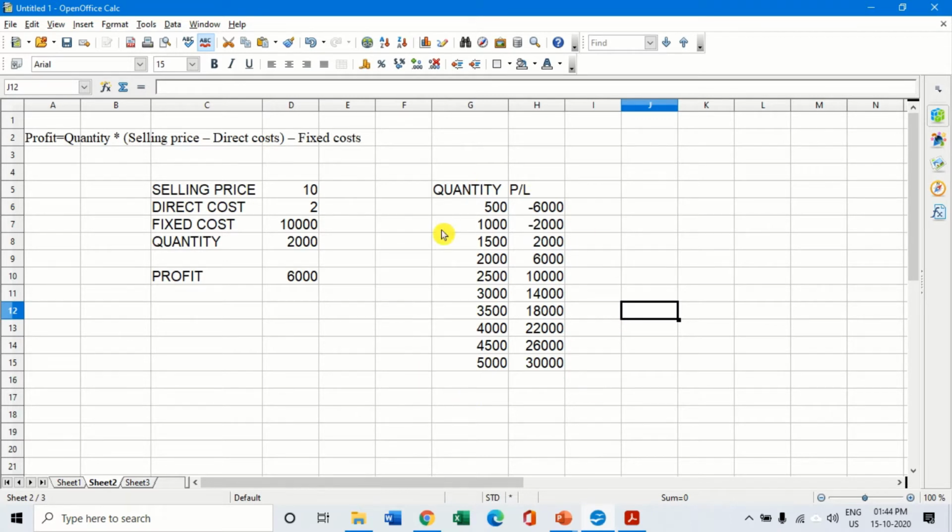So for multiple varying values, you can find out the profit or the loss using the Data Multiple Operations. So this is the example that they have given in the PDF file for you to understand. So I hope you have understood how we can use multiple operations to calculate varying values, for the impact of the varying values on a particular formula.